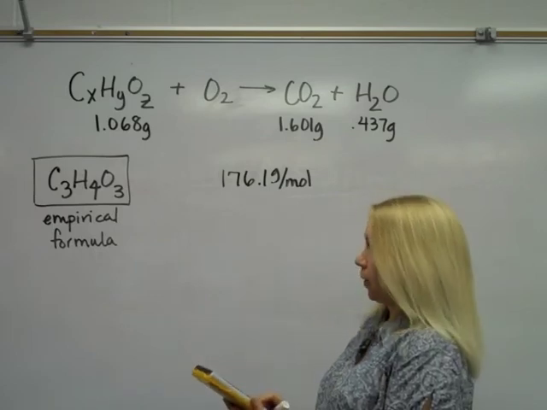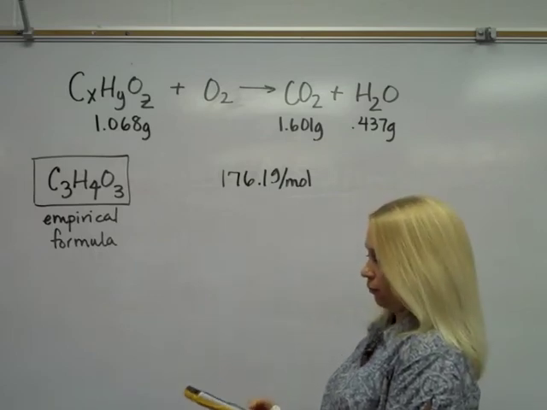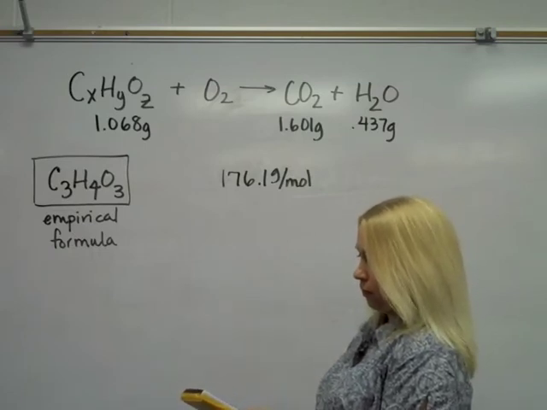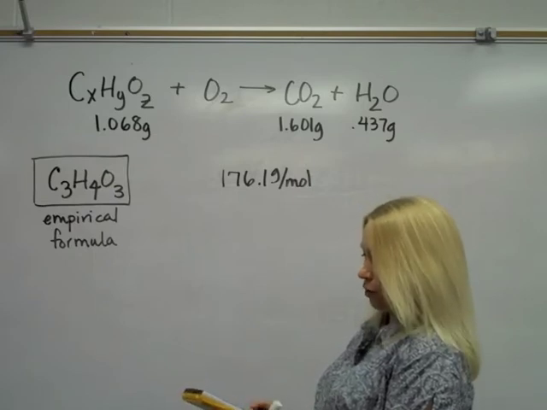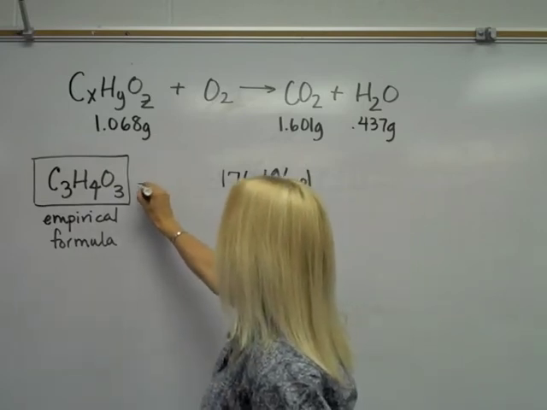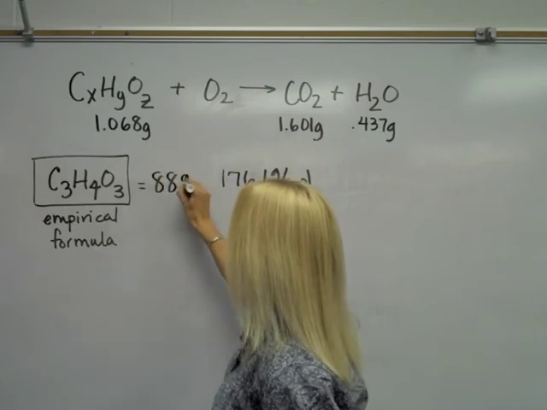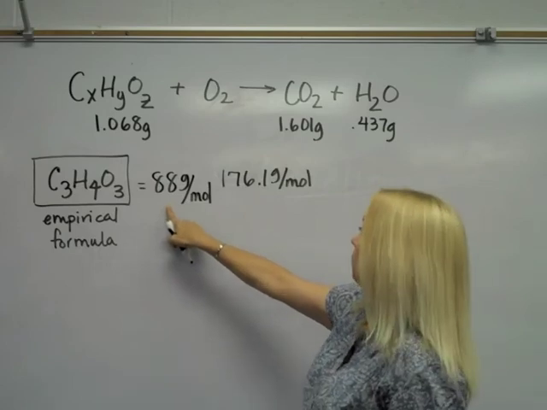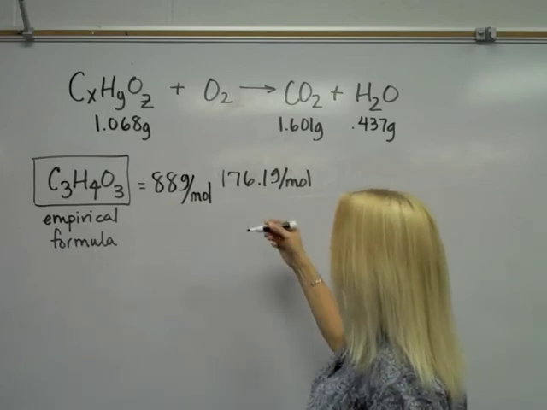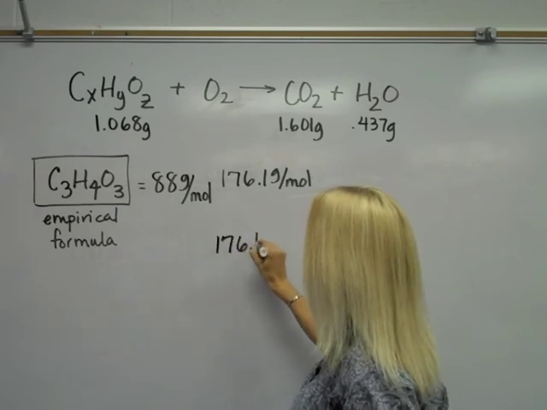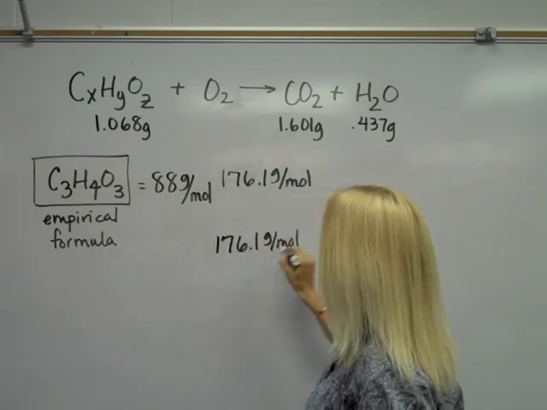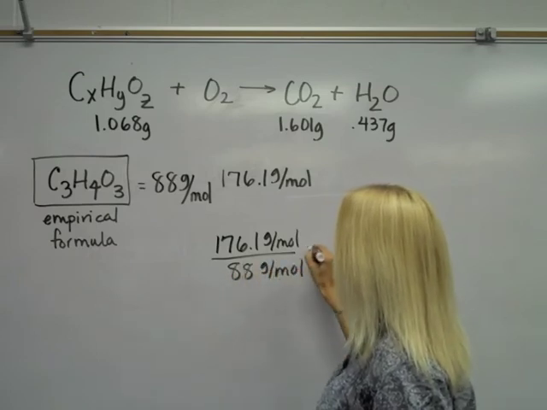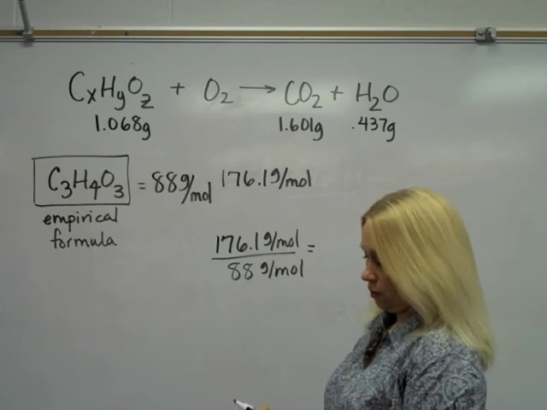Let's try it. All right, 16 times 3 plus 12 times 3 plus 4 for the hydrogens. The empirical has a molar mass of 88. If the real molar mass is 176, divide them if you can't see what the ratio is.